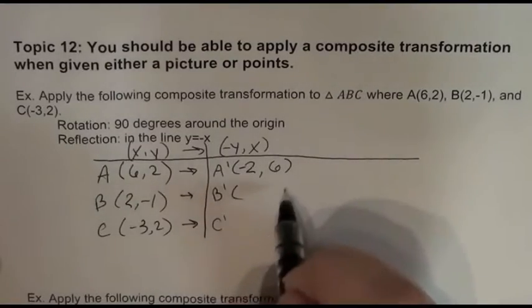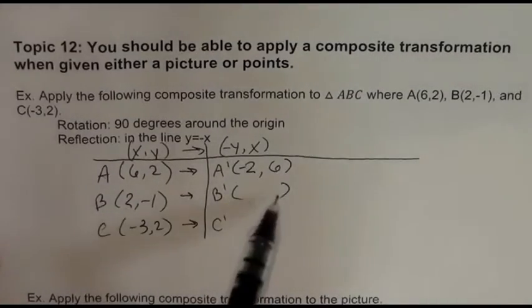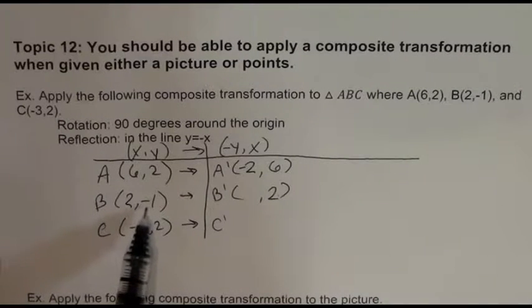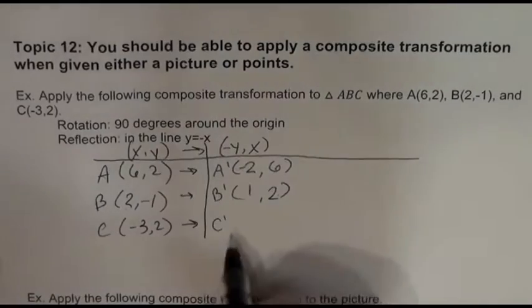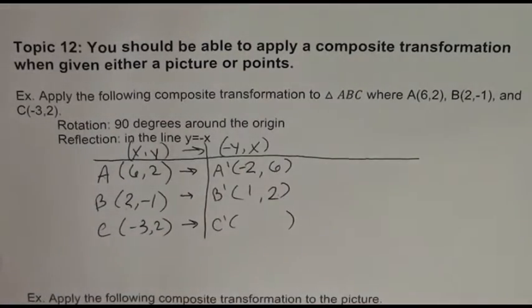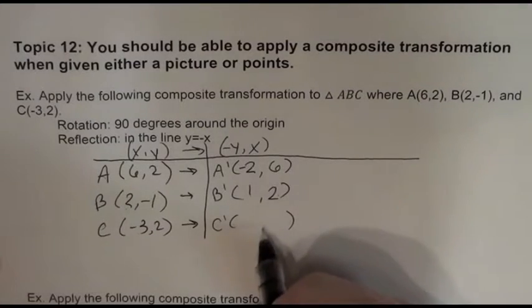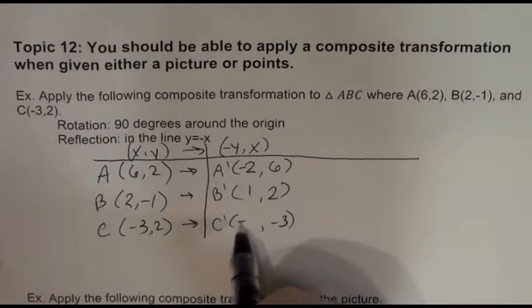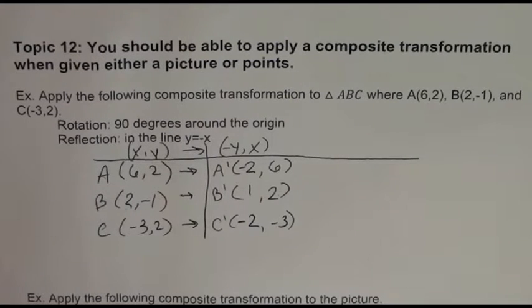For B, the x value goes second, the y value goes first, except the sign is switched, so it's +1. C, same sort of thing. The x value becomes the second number, and the y value becomes the first number, except for the sign being switched. Now that's the rotation, but we still have to do the reflection.